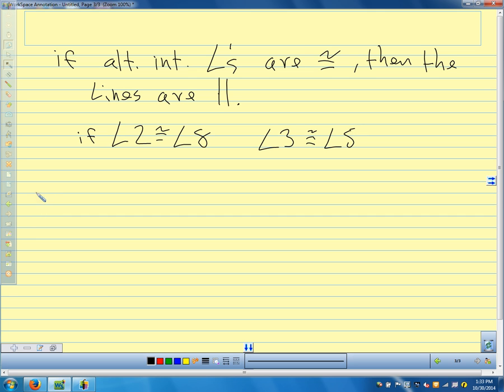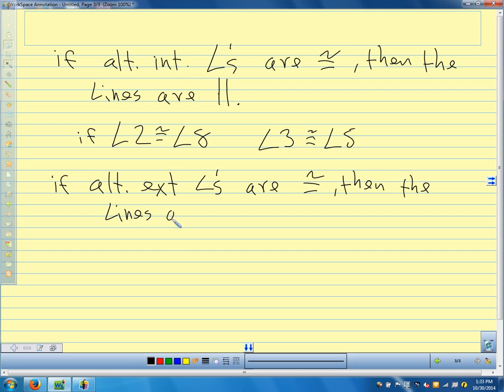And then finally on the lower right, alternate exterior angles. If alternate exterior angles are congruent, then the lines are parallel. And that can go on the lower right-hand box.